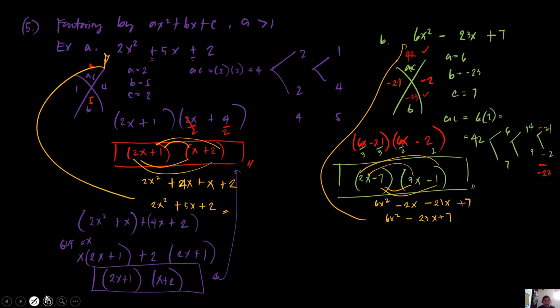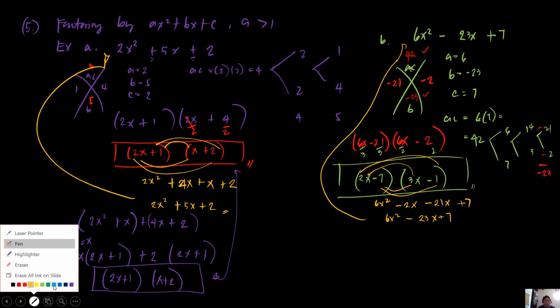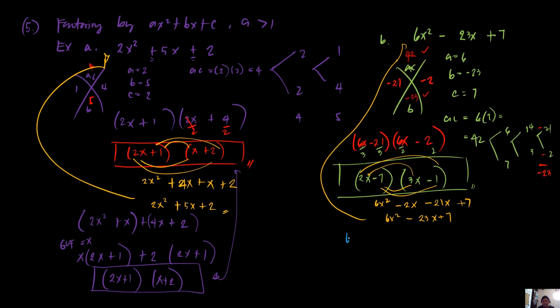Okay? Now, if we do the second solution, we have 6x squared. What are the factors? Negative 21 and negative 2. We have negative 21x, negative 2x, plus 7. As you can see here, class, si negative 21 and 6, they have common factor, which is 3.